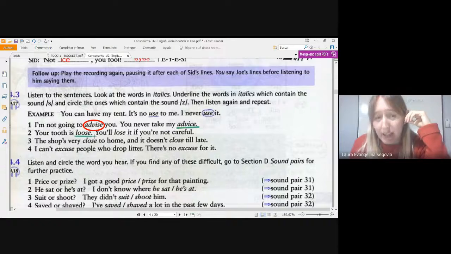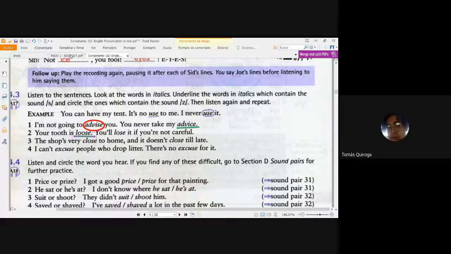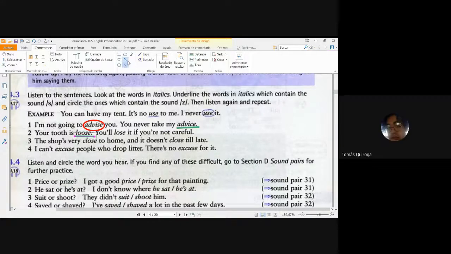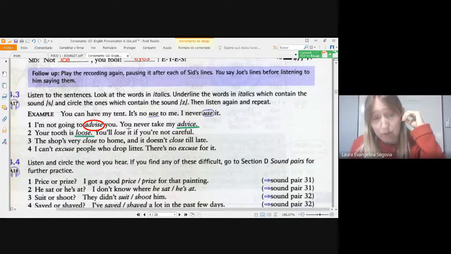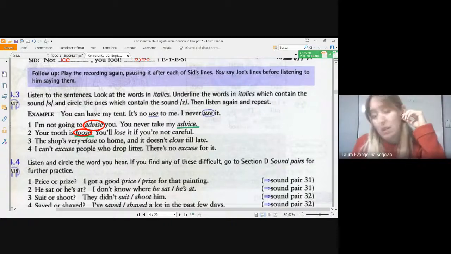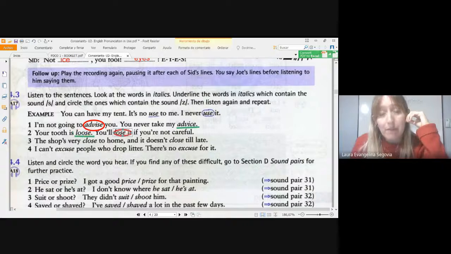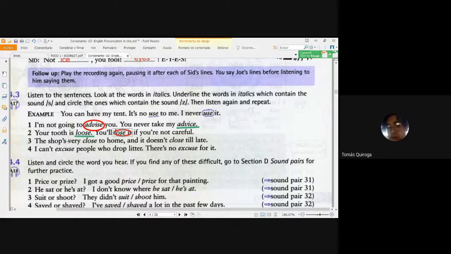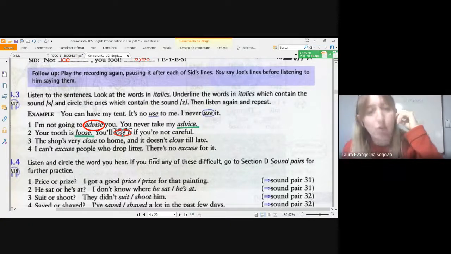This one would be circled and this one would be underlined. No, it's wrong. You have the verb, it's lose with the z sound, and the adjective is loose. Your tooth is loose. You lose it. Come on, say it. Your tooth is loose. You lose it if you're not careful. That's it. Very good. Thank you.